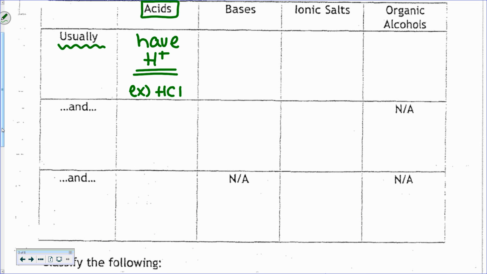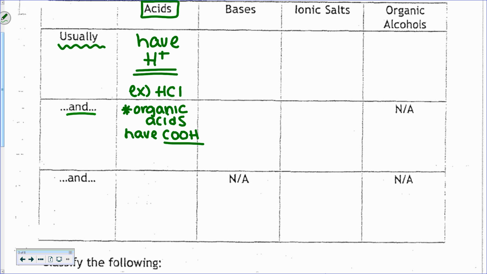Additionally, I want to know that my special acids, my organic acids, which we will learn much more about next unit, are things that have COOH, COO. Remember we talked about that a little bit in class, but that COO is special to an organic acid.